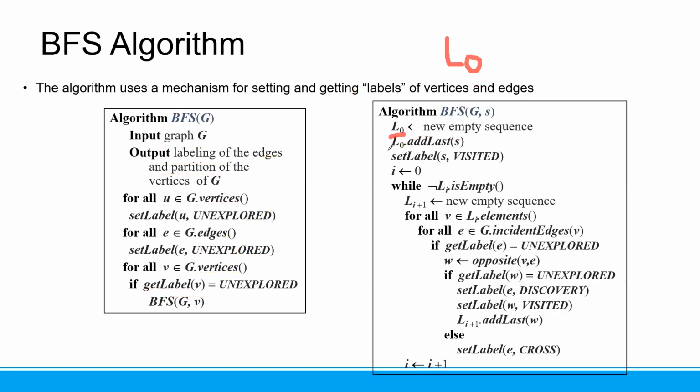And then we are going to put s into L0, and then we set s as visited. So the difference from DFS is that in DFS we set visited after we enter the loop, but in BFS we set visited whenever we enter into this vertex.